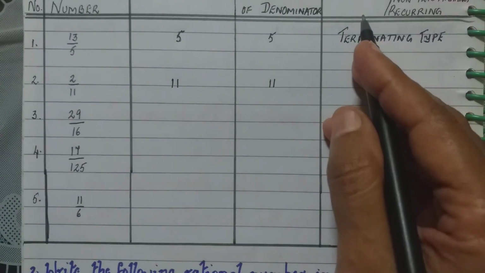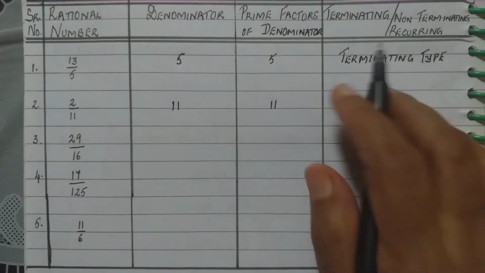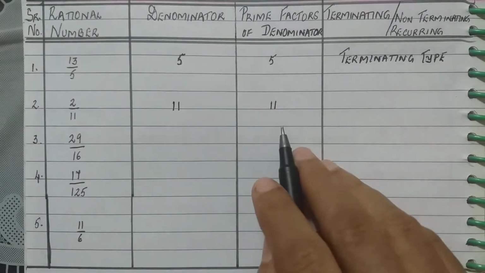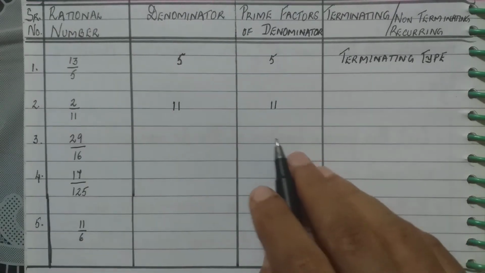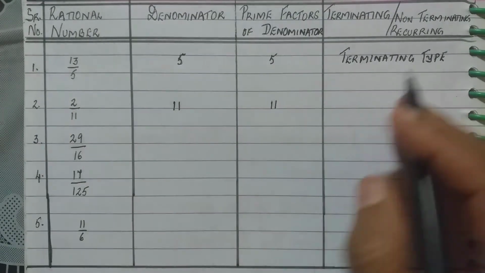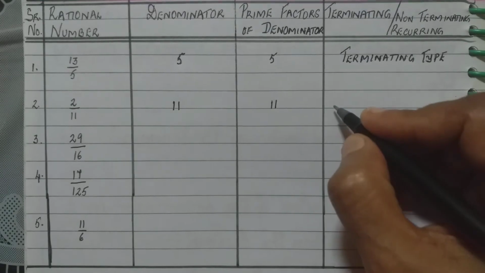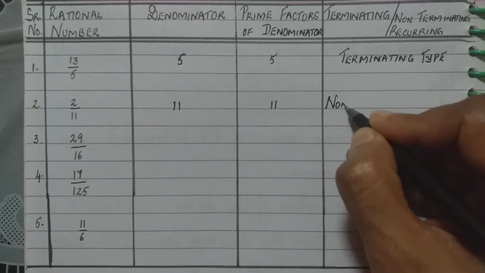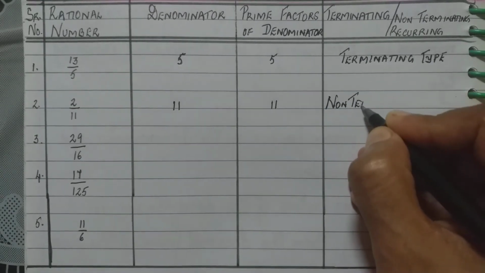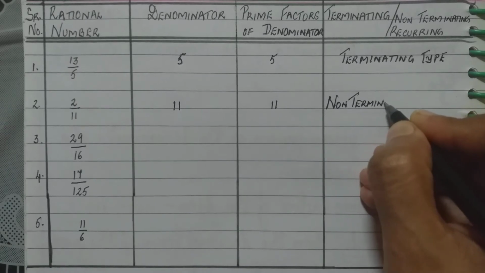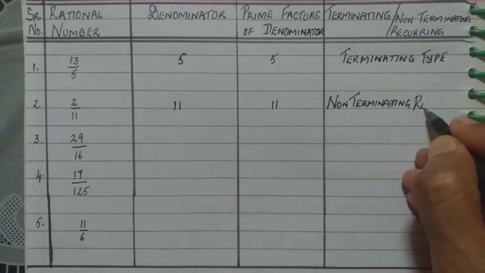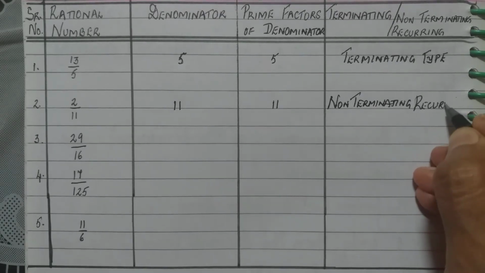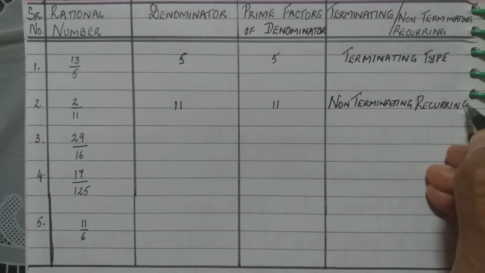For being terminating type, it has to be either only 2 or only 5 or only 2 and 5. So since it is none of them, it is non-terminating recurring type.